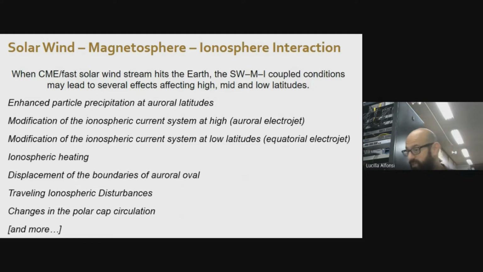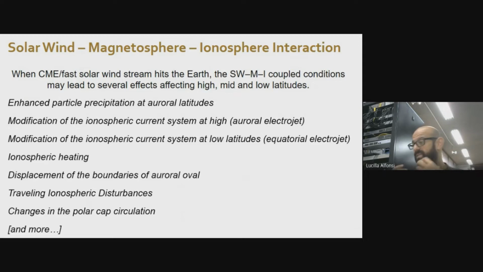The ionospheric heating. We didn't spend so many words on the ionospheric heating, but this is a very important phenomenon related to the injection of energy at high latitude, which is able to modify the dynamics of the neutral atmosphere and to create the conditions for the propagation of what we call large-scale TIDs, the large-scale traveling ionospheric disturbances, traveling from high latitude down to the equator, involving, in most cases, the whole globe.